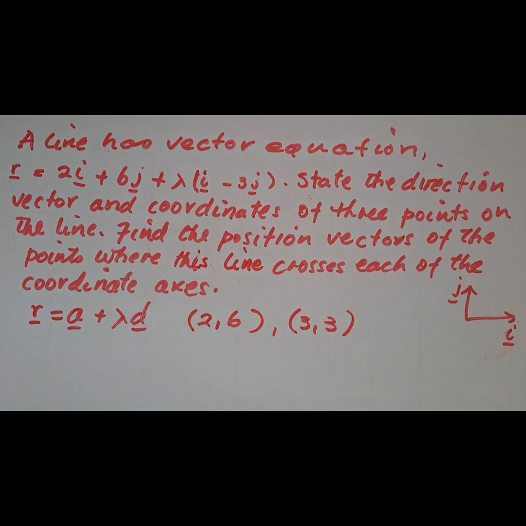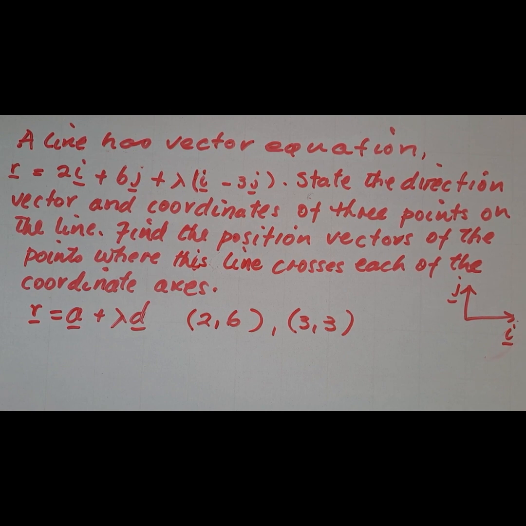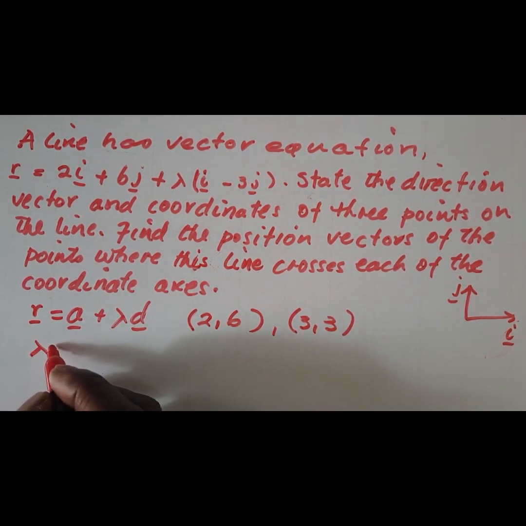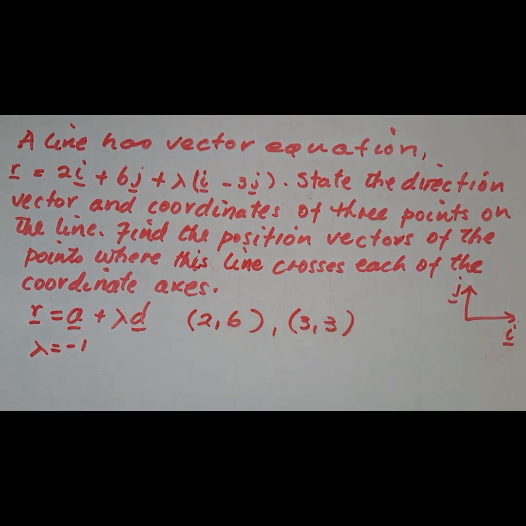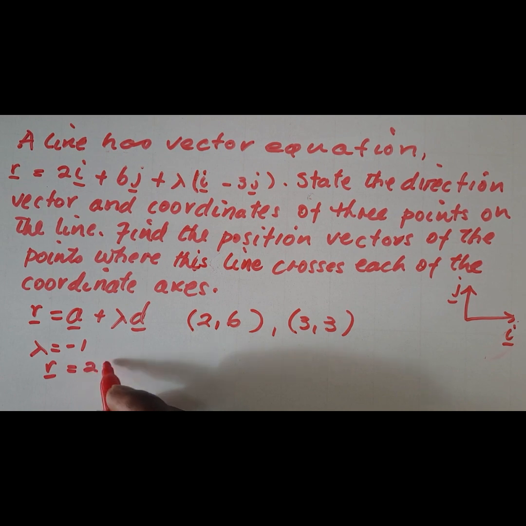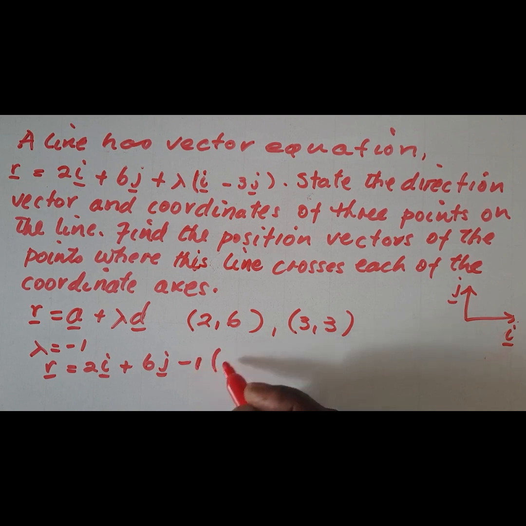Our third point on the line is given when lambda is equal to -1. And so r becomes 2i add 6j minus 1 into i minus 3j.